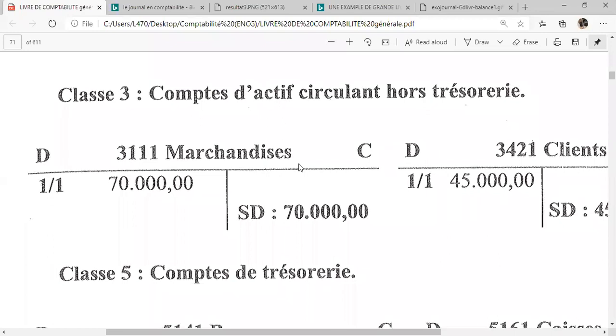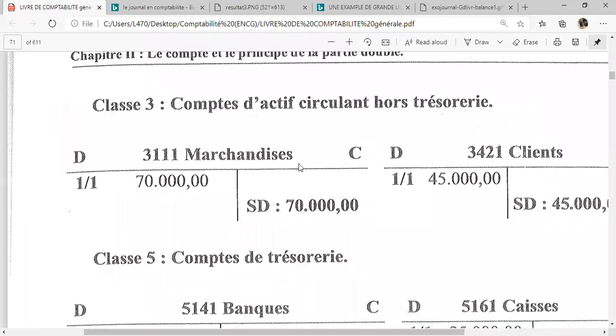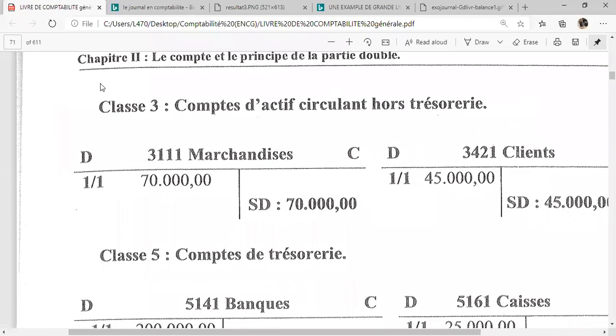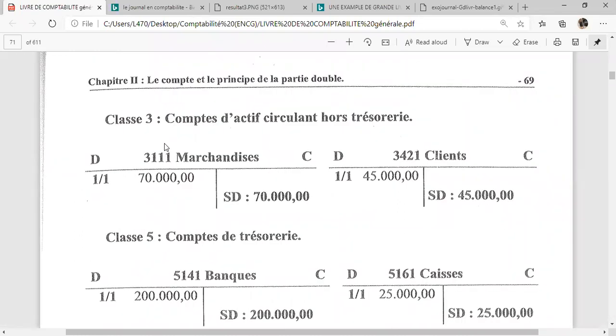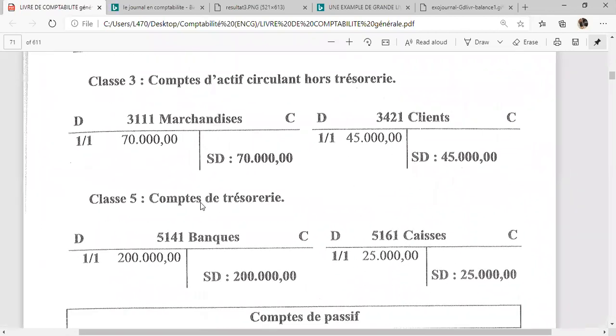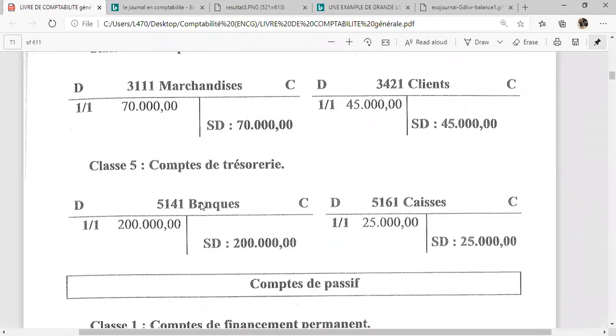So from class 3, this is supposed to be class 4, but I think the transaction above doesn't have that as well. So it went on to class 5, which, like I said before, has 2 main subdivisions.